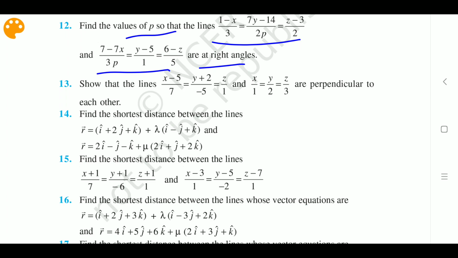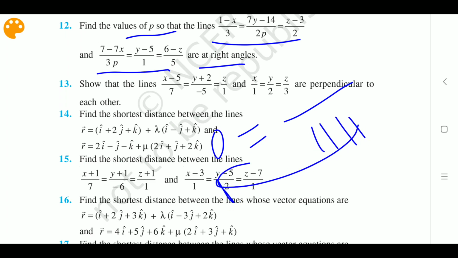So what you have to do, again the angle is already given, that is 90 degrees, and cos 90 we already know, that is 0. So we don't require to calculate the lower magnitude, because this is always going to make it 0. So we are only concerned with the dot product of these two direction ratios.